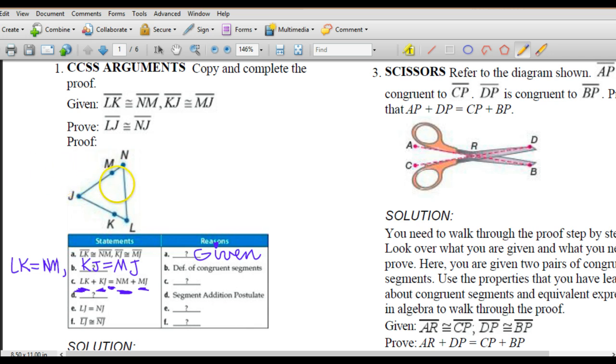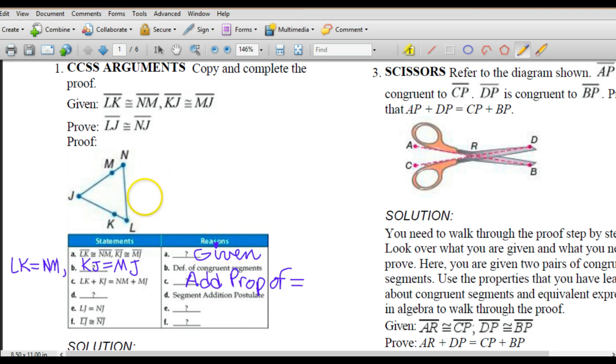So that would be the addition property of equality. Then my next reason is segment addition postulate, not to be confused with the addition property.